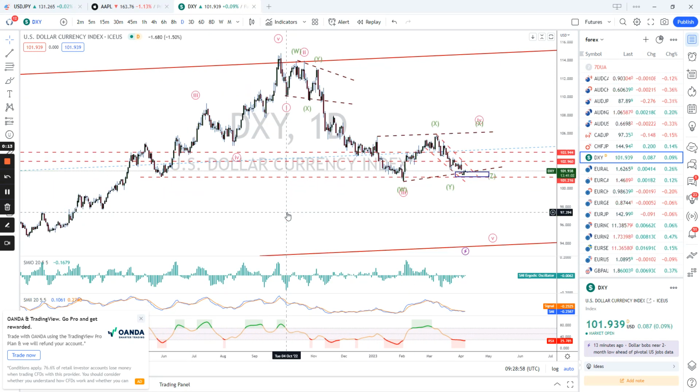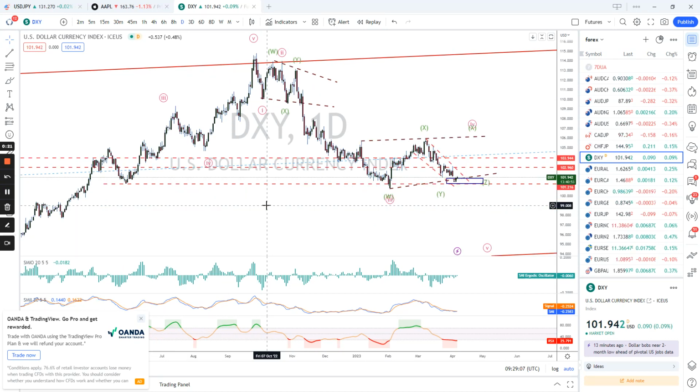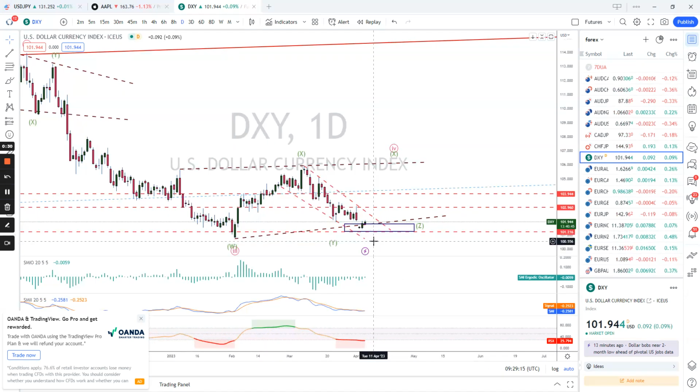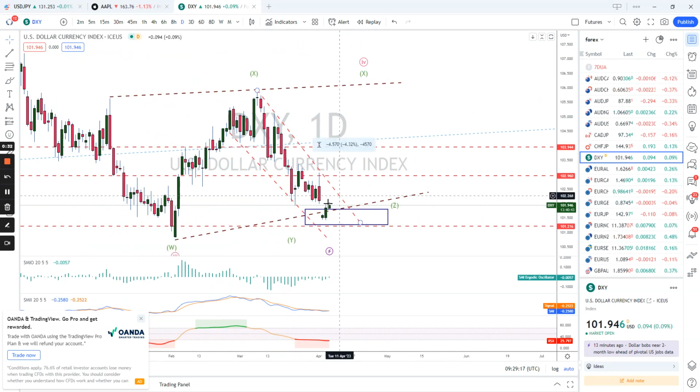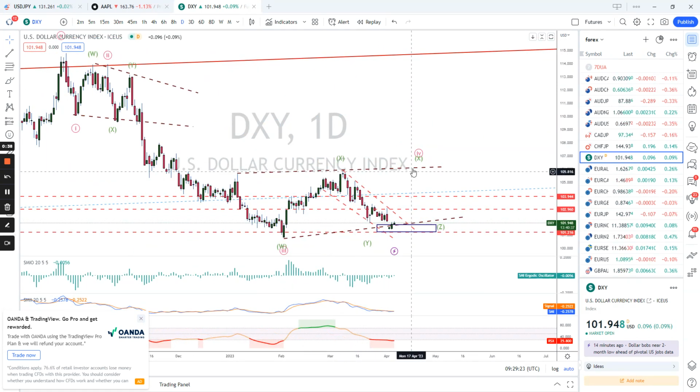Expect thin liquidity until Tuesday. But let's take a look at what is happening on the market at the moment. If you saw my analysis of the DXY previously, the waves that we counted indicated that this zone would be a strike zone for the downside reversal or a bounce zone for one more swing to the upside.